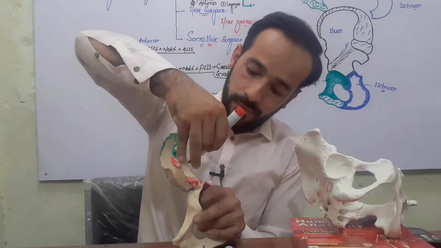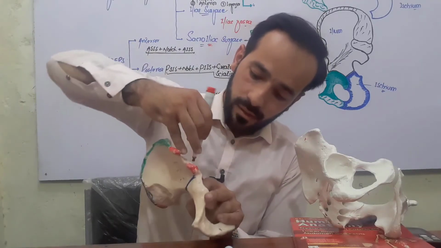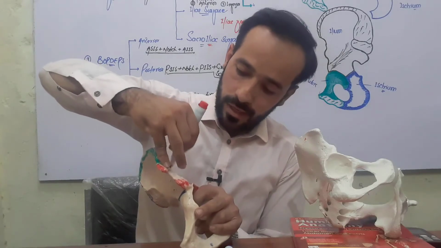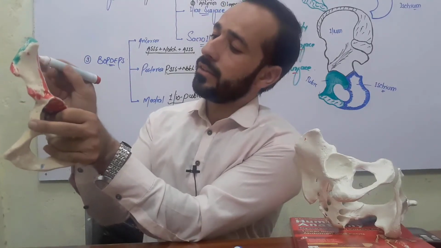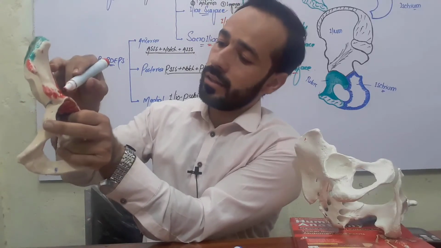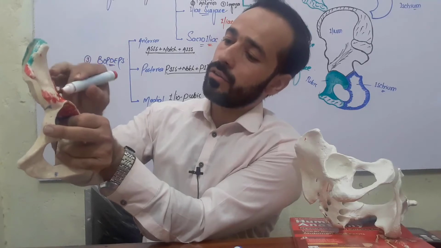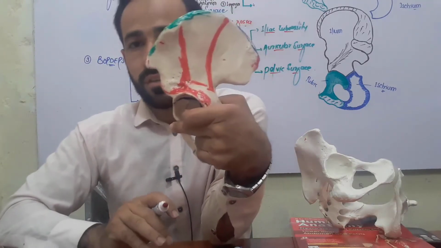So for example, this is the anterior line, right? Then if I draw it here, this is the posterior line, right? And then there was the inferior line. So how many lines are present there? There are 3 lines present, right?